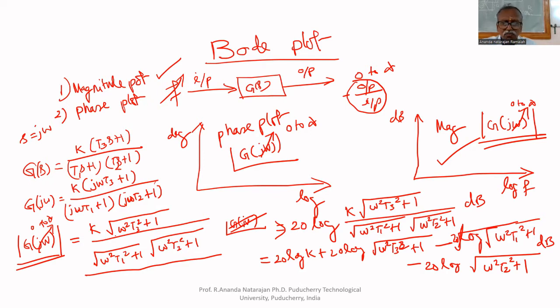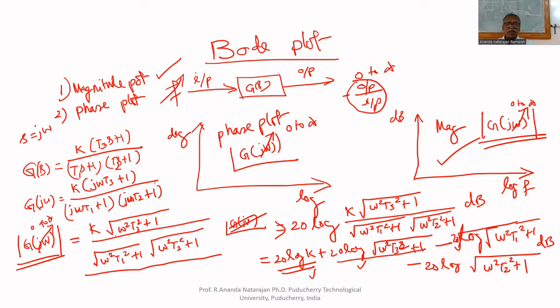If you know the plot for 20 log K and 20 log square root of omega square tau 3 square plus 1, graphically we can add. In the same way, if you know the plots for each factor, we can add them graphically all together so that we will get the Bode plot. That is the advantage. How to add all these plots, that we will see later.